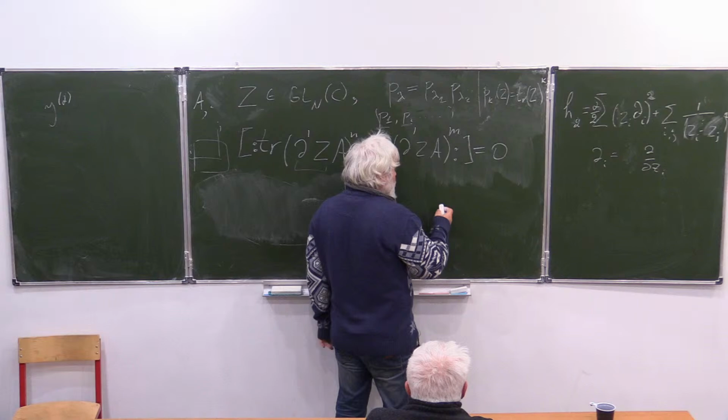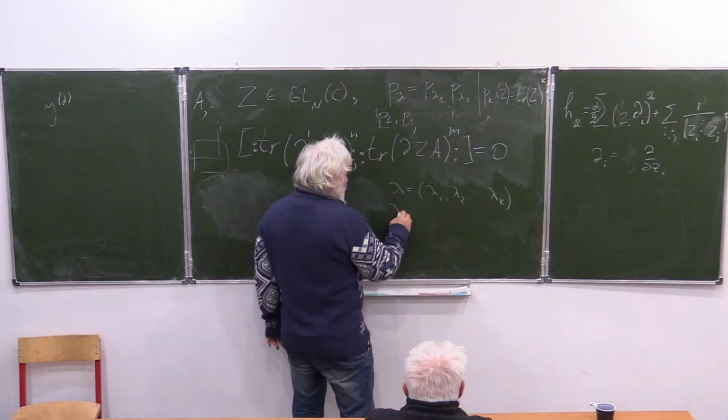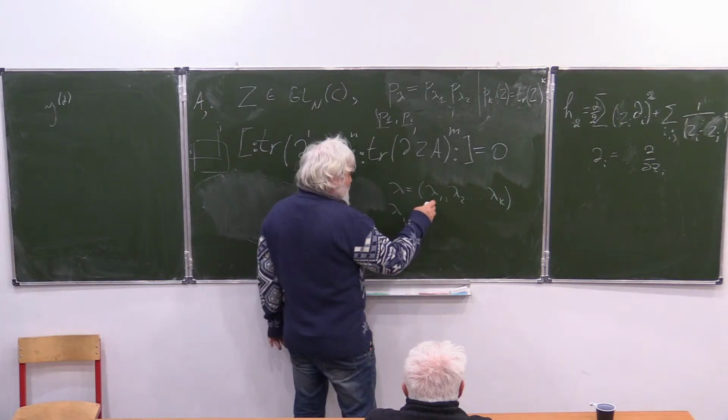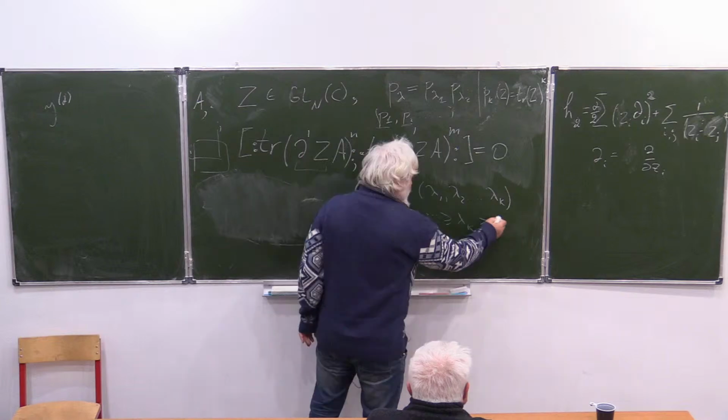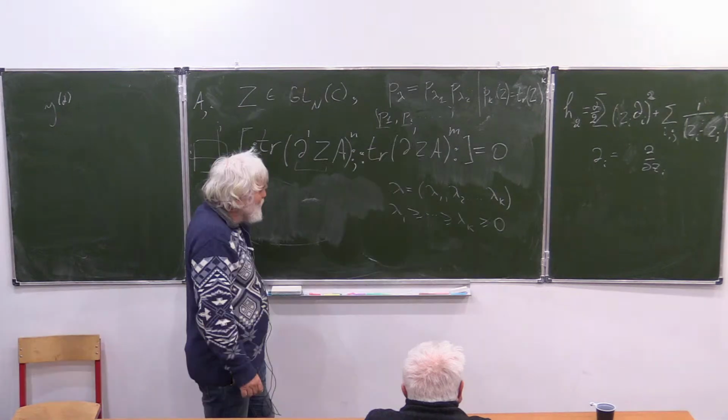So a partition with parts lambda 1, lambda 2, up to lambda k is a set of integers with this property.